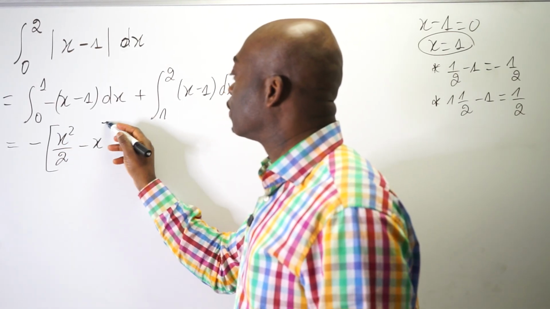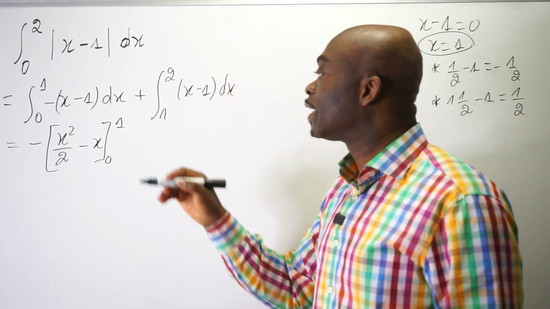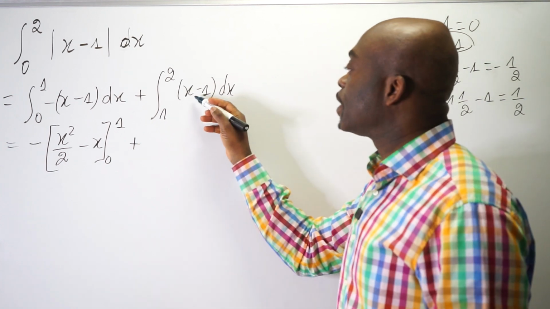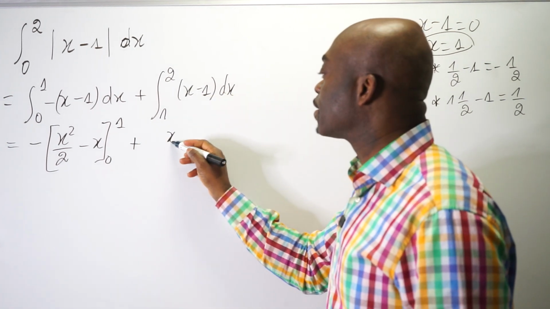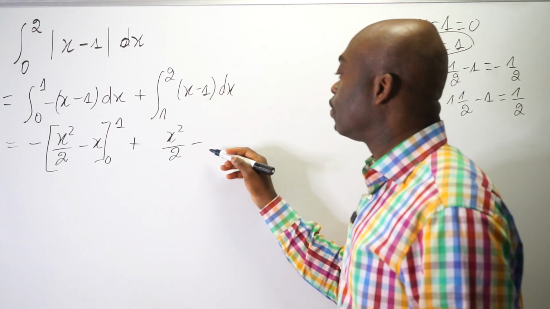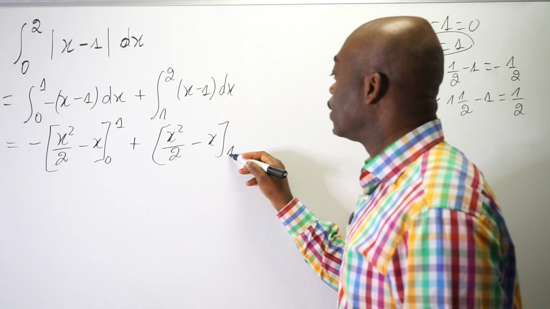So we have that from 0 to 1. Are you with me? Then plus, same thing here: the integral of x is x squared over 2, and the integral of 1 is x. So you have it now from 1 to 2.